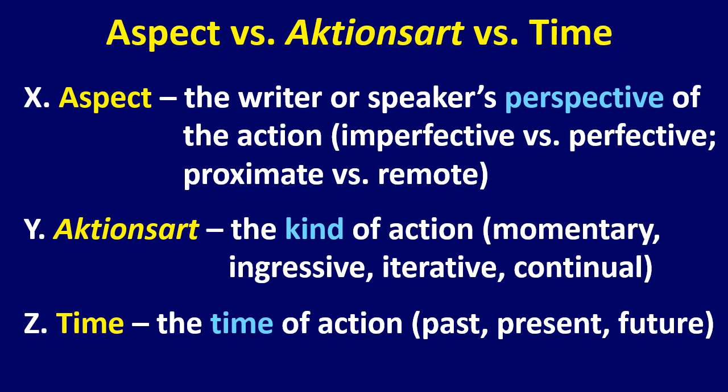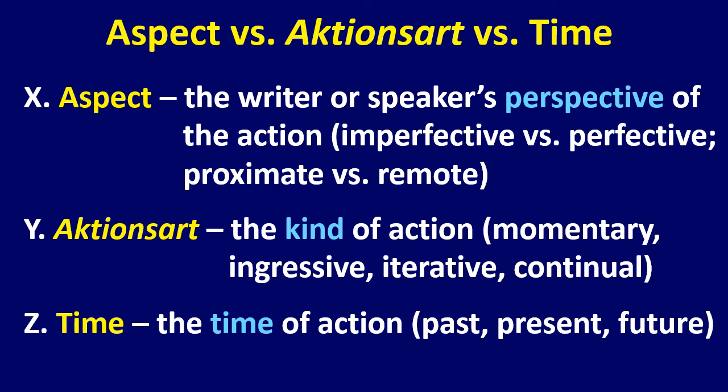Perfective aspect is that which is more remote, in contrast to the more proximate perspective of the present tense and imperfect tense forms. There's also kind of action, which we call Aktionsart, from the German word meaning the sort of action, or the kind of action.